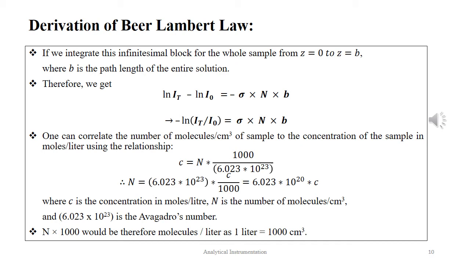Therefore, n equals 6.023 into 10 raised to 23 into C by 1000 equals 6.023 into 10 to the power 20 into C, where C is the concentration in moles per liter, n is the number of molecules per cubic centimeter, and 6.023 into 10 raised to 23 is Avogadro's number. n into 1000 would therefore be molecules per liter, as 1 liter is equal to 1000 cubic centimeter.